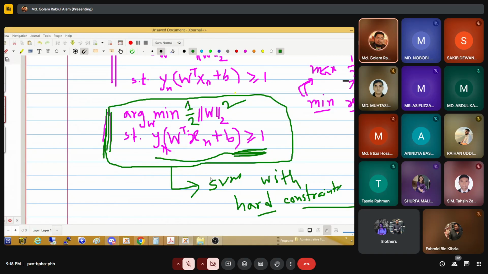That means we will allow a few misclassifications there, and there are some benefits of that. But at this stage, this is actually SVM with hard constraint. So now how to solve it? Actually, we can see what the learning parameters are.